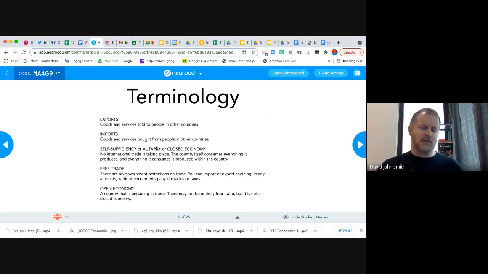Now, there's this idea of self-sufficiency. We mentioned this when we talked about the circular flow model, and we said that if we had a circular flow model where there was no external sector, then that is in a sense called a closed economy, right? There is an old-fashioned word, autarky, but you don't need to know that unless it comes up in old textbooks.